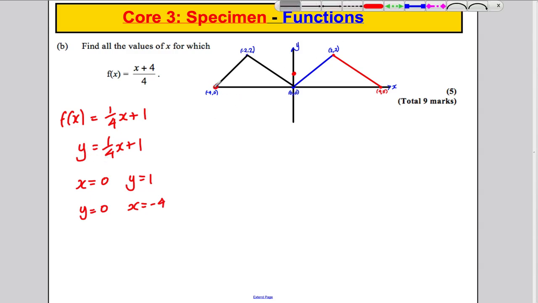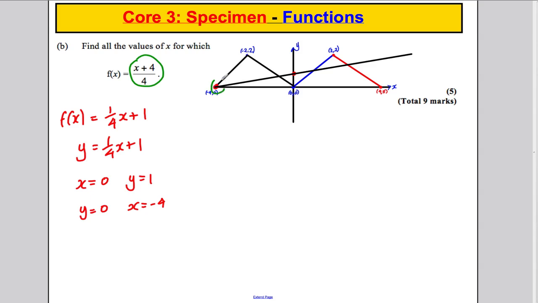So therefore this graph looks something like this. Now, therefore, this function meets this function at 4 points, here, here, here, and here. And the question is asking us to find those 4 points.